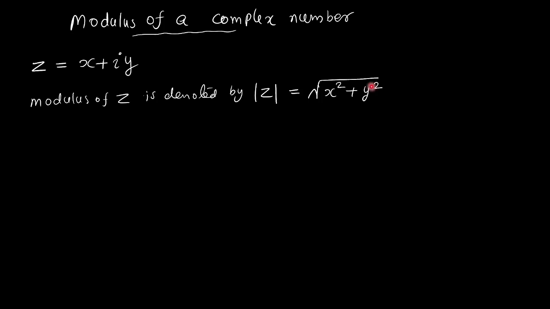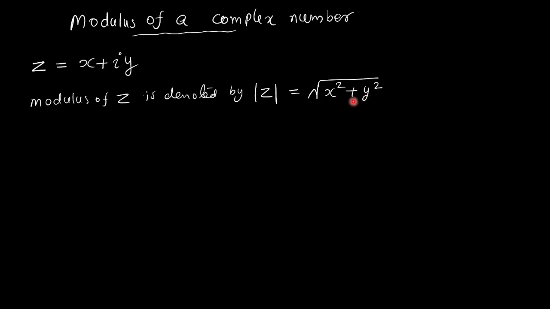So if you are given a complex number x plus iy, modulus of the complex number is given by root of x square plus y square. It is something like the magnitude of a complex number. In vector algebra, which you will learn in physics, there is a similar formula.